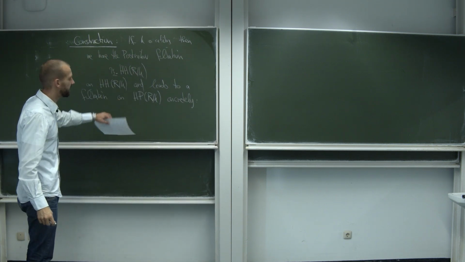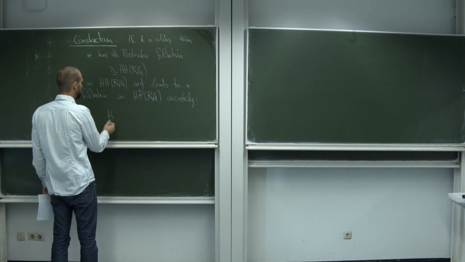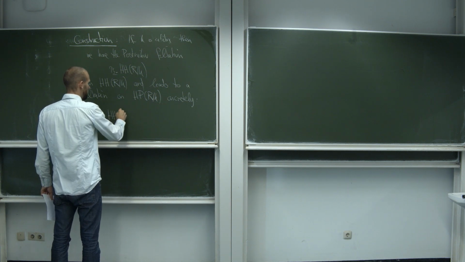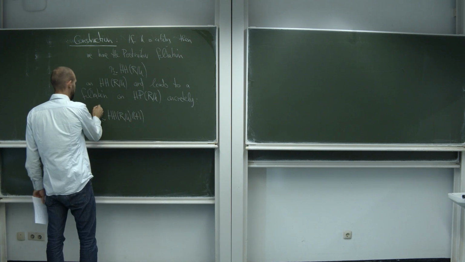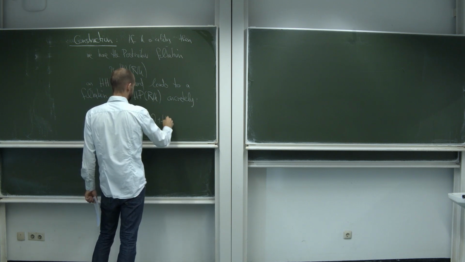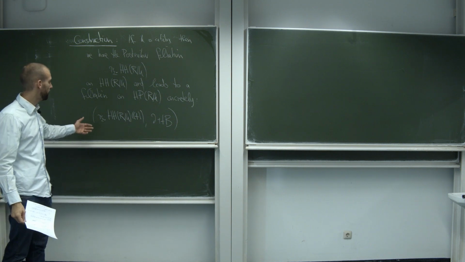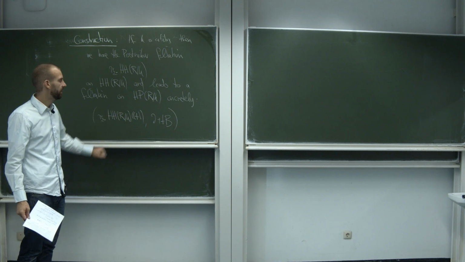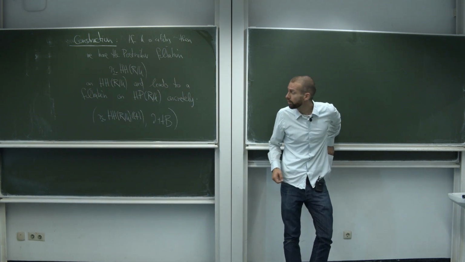Recall HP(R/K) was computed by this double complex, so we're going to say it is concretely given by τ≥• of this HH(R/K)((t)), and then we have this differential ∂ plus tB. So that's a filtration of the chain complex HH(R/K)((t)) with this differential. And that's a filtration, and everything is compatible with multiplicative structures and so on.